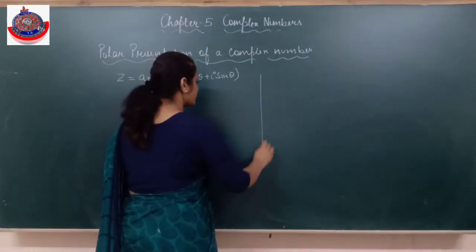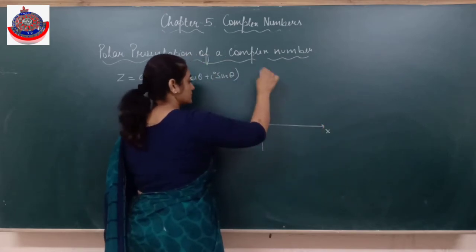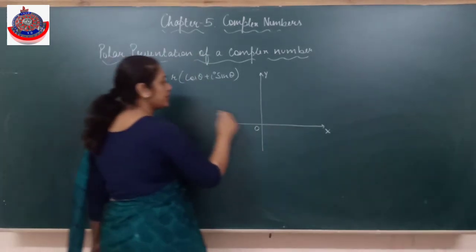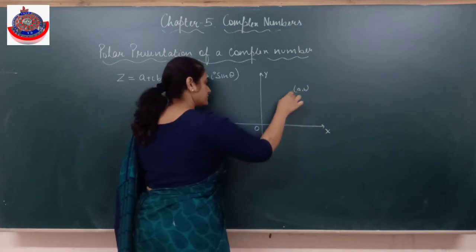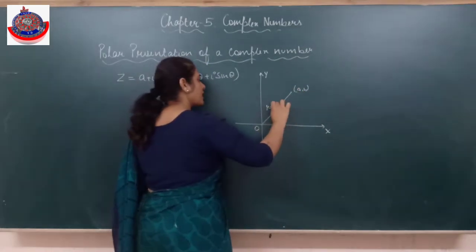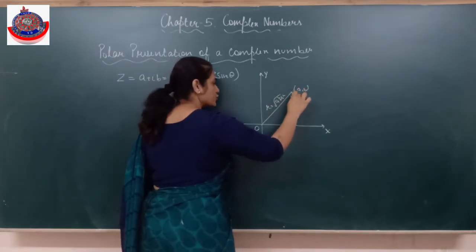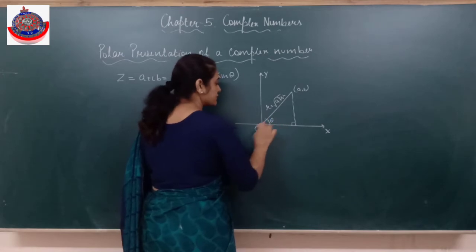Alright, now let's draw the diagram. This is a complex number a plus iota b. So this is the point. I told you this is represented by r, and that is the square root of a squared plus b squared. Draw the perpendicular here, and this we'll do in detail after this.